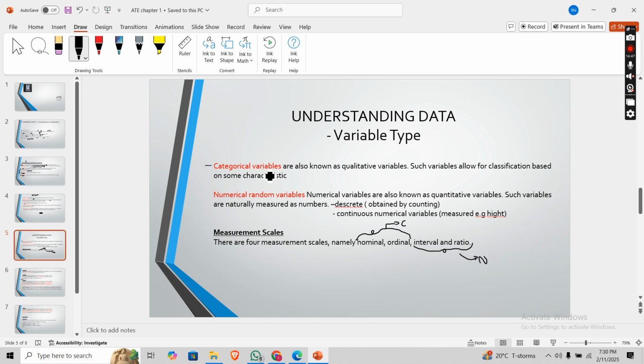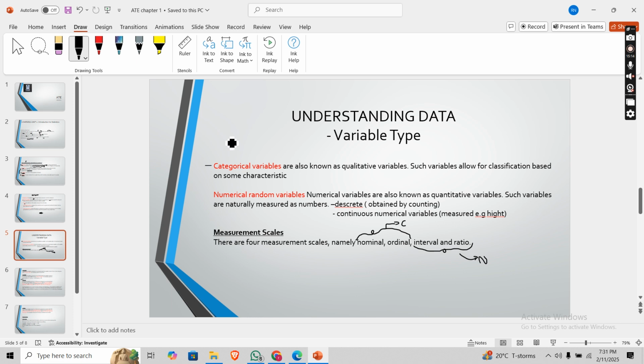So categorical variables, we only classify them. And an important thing about categorical variables is that we cannot perform arithmetic operations on categorical variables, okay? Let me give you an example of a categorical variable so that you can understand it deeper. For example, let's say we are measuring the eye color of students.